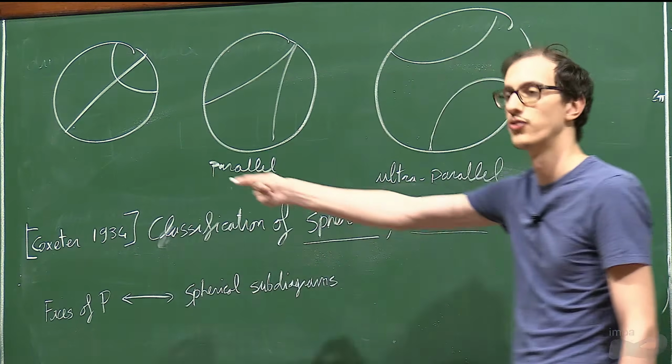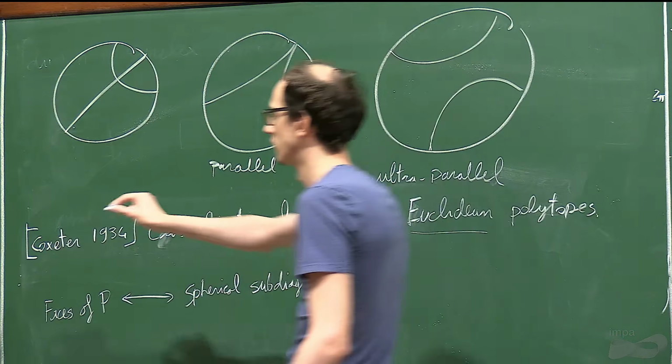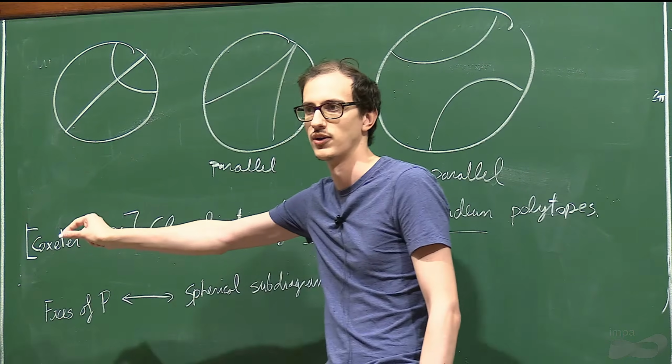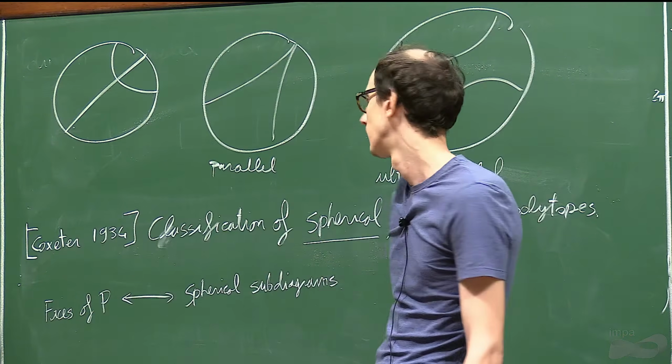Of your diagram. So I guess what I'm trying to argue is that this combinatorial data tells you a lot more than what it looks. It doesn't just tell you that.